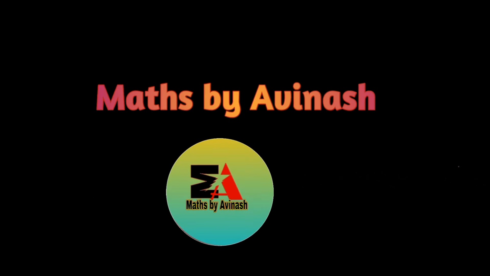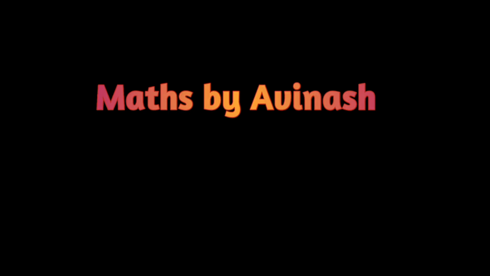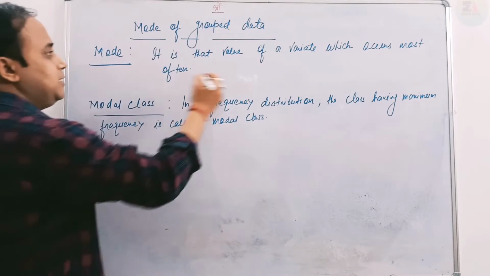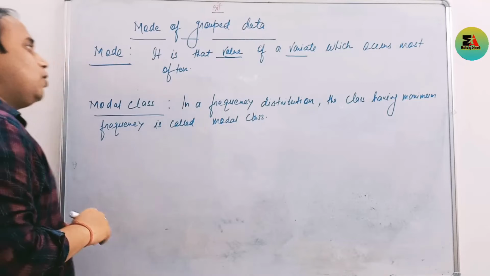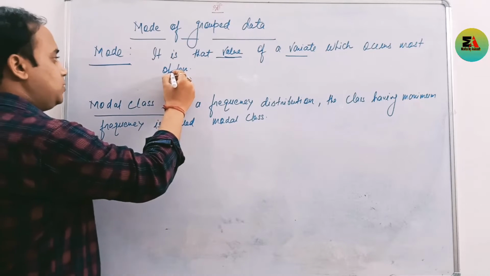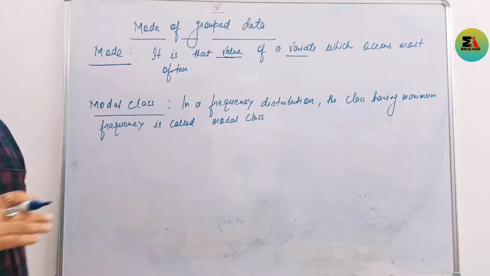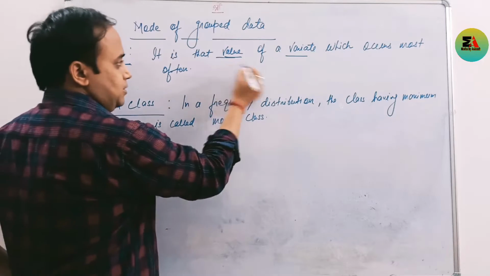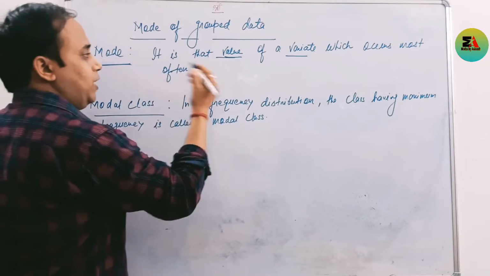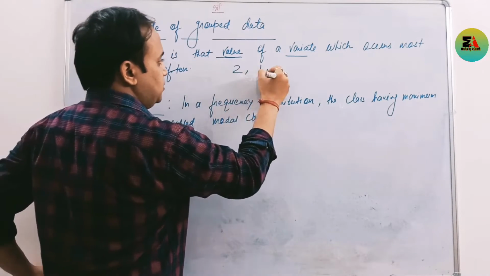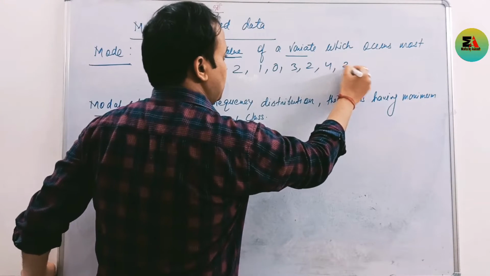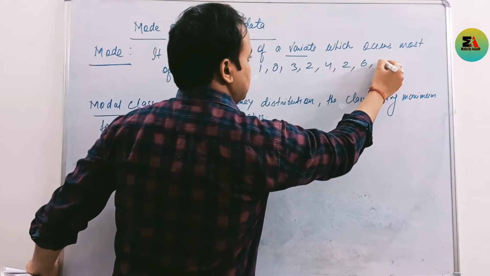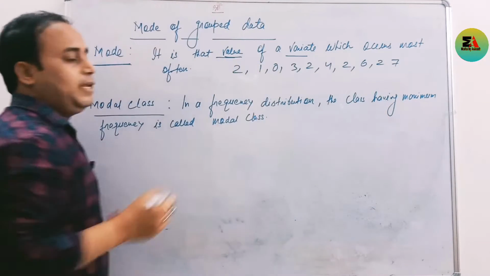We earlier studied mode in class 9. What is mode? Mode is that value of a variate which occurs most often. It means a certain set of observations or data is given. For example, I take 1, 0, 2, 3, 2, 4, 2, 6, 2, 7. These are the various observations.